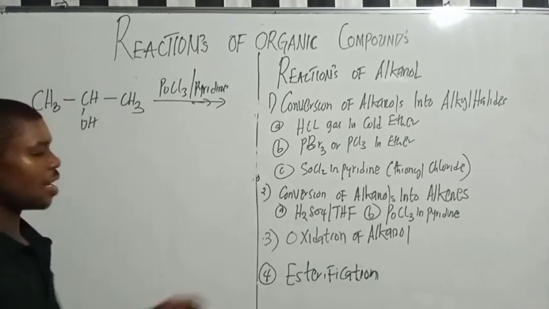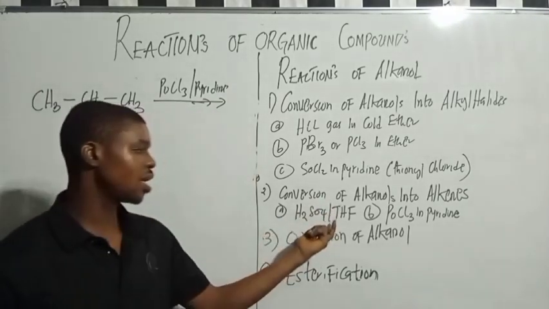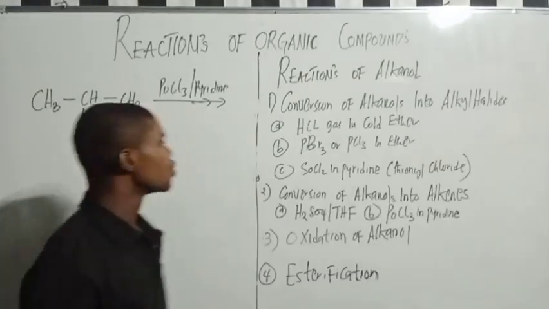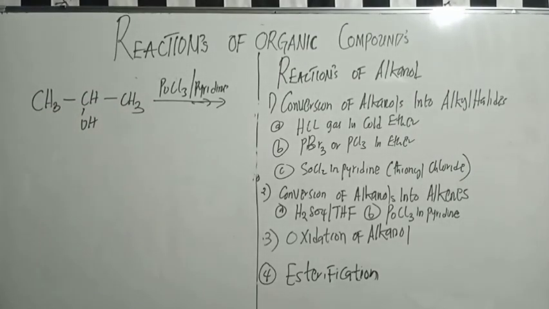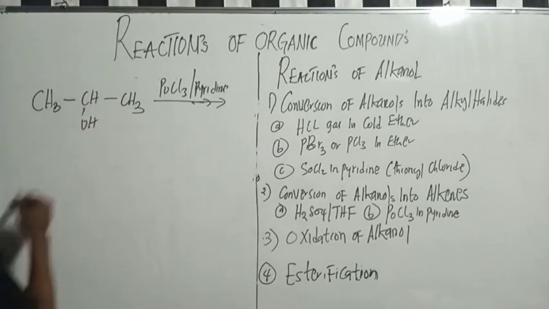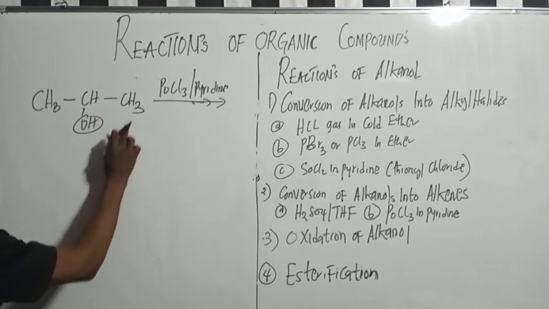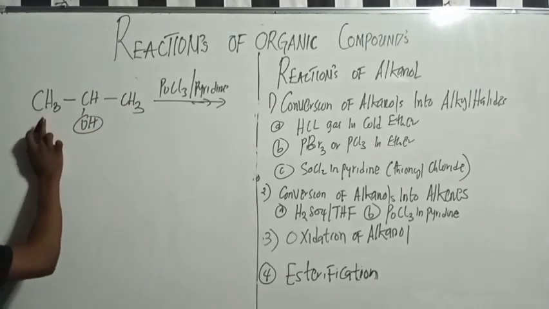Remember that pyridine and H2SO4/THF will give us the same product, right? So you see, dehydration reaction. Now, this carbon atom here that is having OH, I can remove hydrogen from here and can also remove hydrogen from this point.